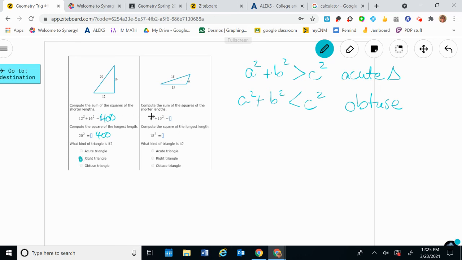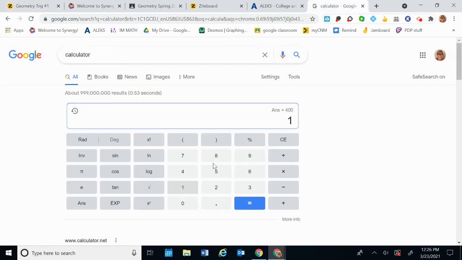Okay, take a look here. This is 6 squared, which is 36. 15 squared is 225. And that equals 261. I chose to do this one by hand, but you don't have to. 18 squared, 18 times 18. I can't remember 18 times 18 for whatever reason.